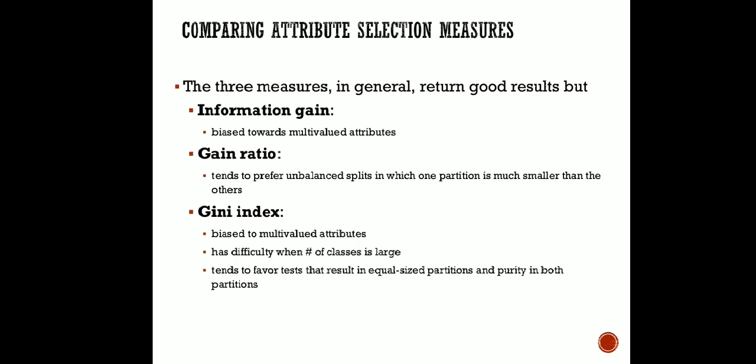But Gini index is biased to multi-valued attributes, and it is difficult whenever the number of classes is large, because you have to pair each and every one and find different combinations among them. So it is difficult, but it is more accurate. Gini index can be applied to a small data set.